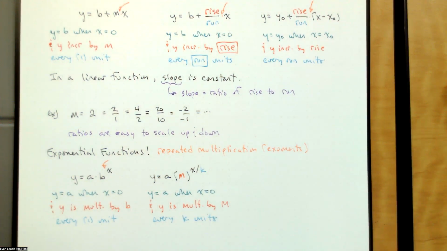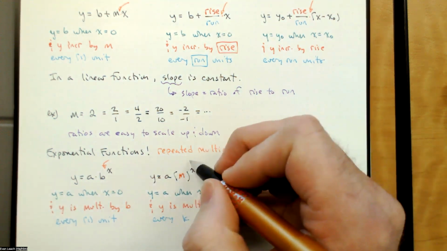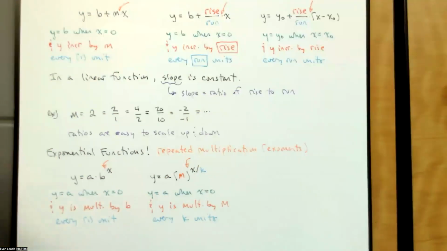So I've separated out my multiplier into the analog of a rise and a run. And we are still indicating repeated multiplication with this exponent right there.